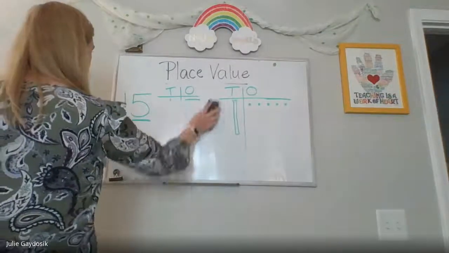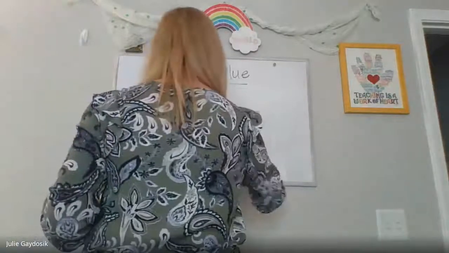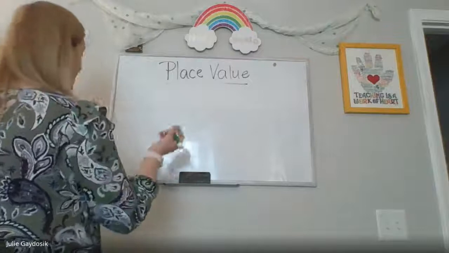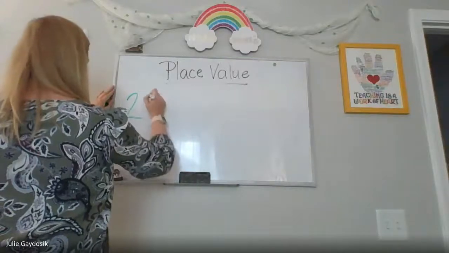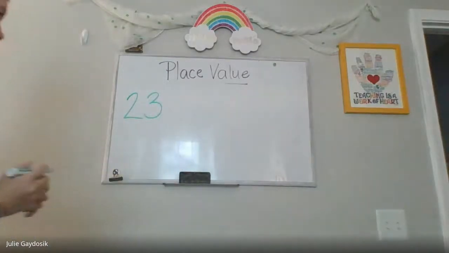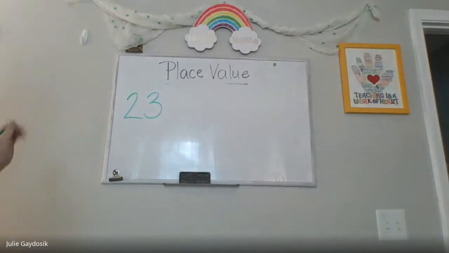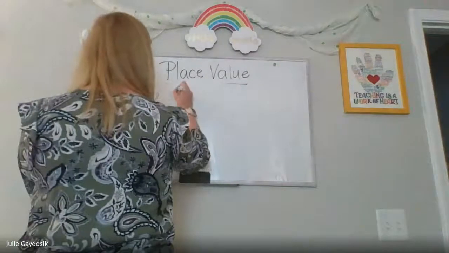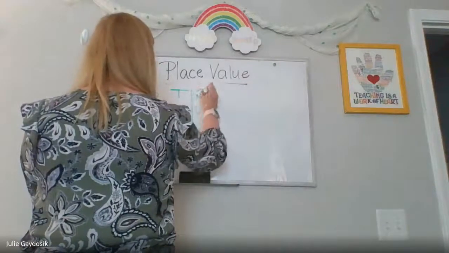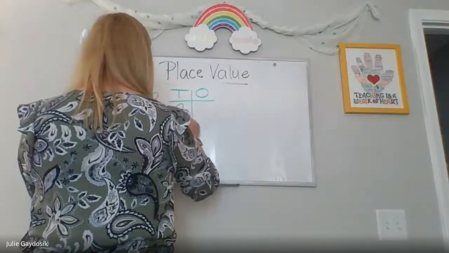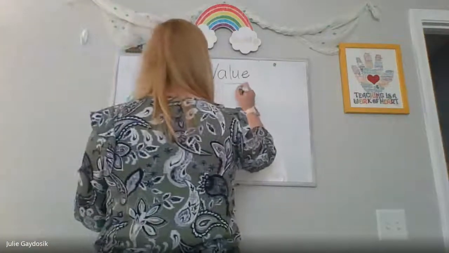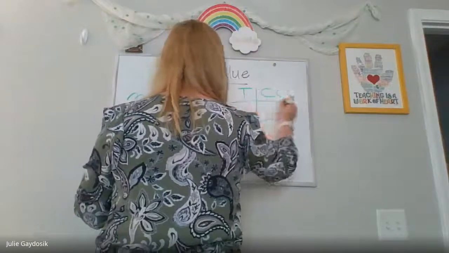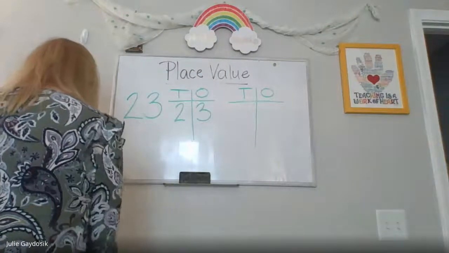Let's try another one. If we had the number 23, first we're going to find the value of the whole number by drawing it with tens and ones. If I drew my tens and ones chart and popped my number in, I can also draw my tens and ones as tens and ones cubes.